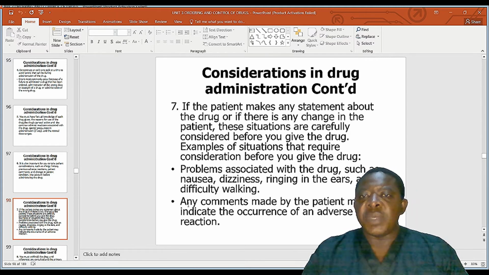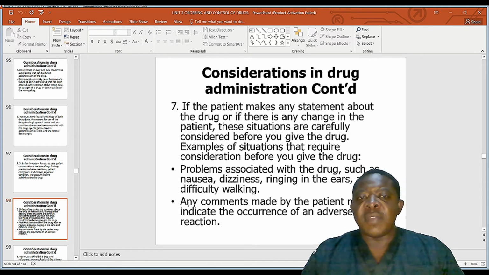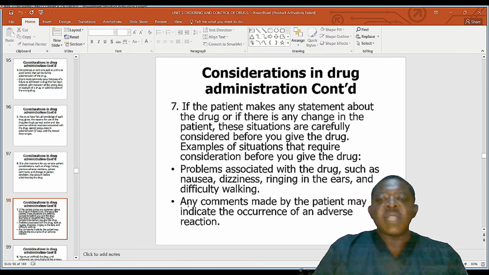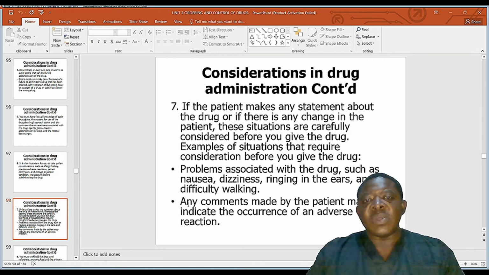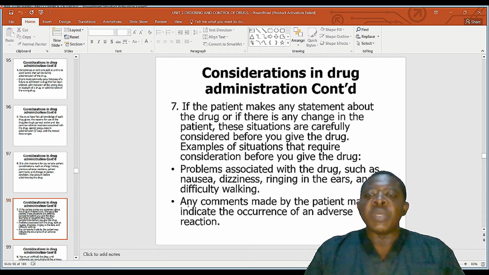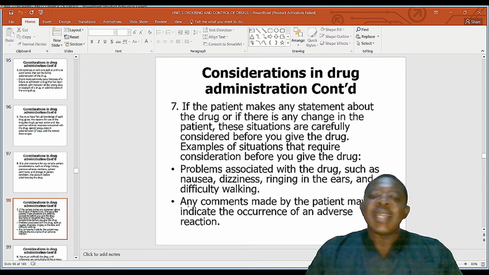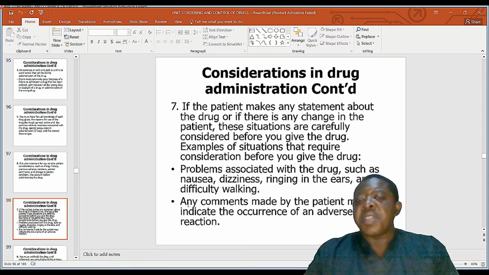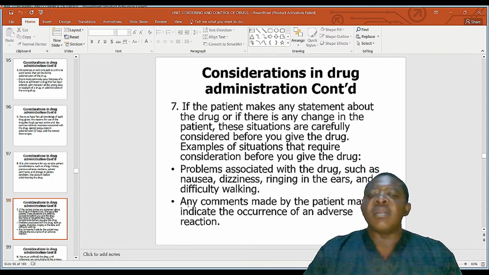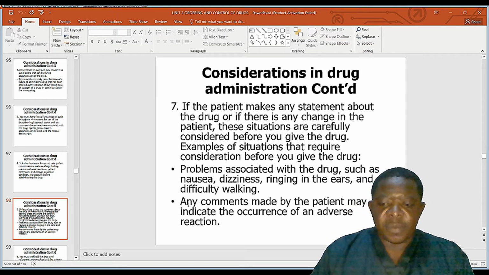Examples of situations that require consideration before you give the drug include problems associated with the drug, such as nausea, dizziness, ringing in the ears, and difficulties in walking. Others may include any comment made by the patient that may indicate the occurrence of an adverse reaction.